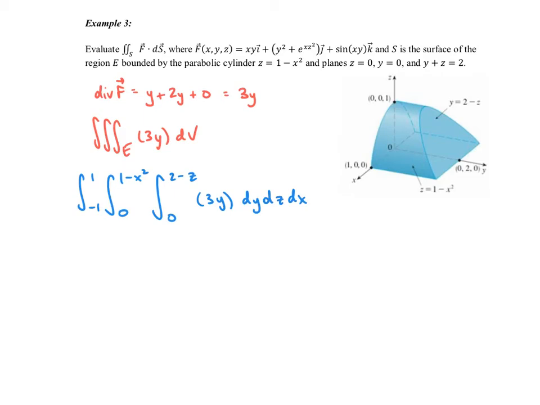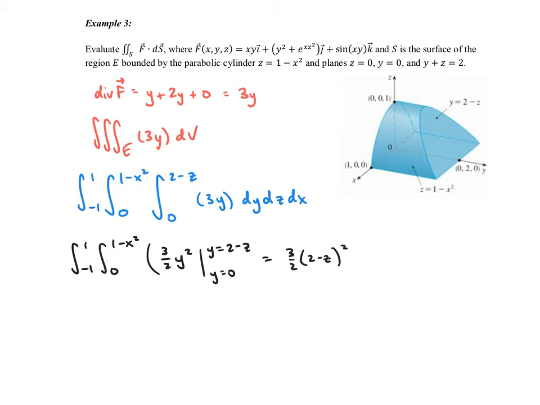So we're going to start with the antiderivative in terms of y. So we have the integral from -1 to 1 and 0 to 1 minus x squared. And we have 3/2 y squared, and y is going to go from 0 to 2 minus z. And what we get then is 3/2 of (2 minus z) squared.